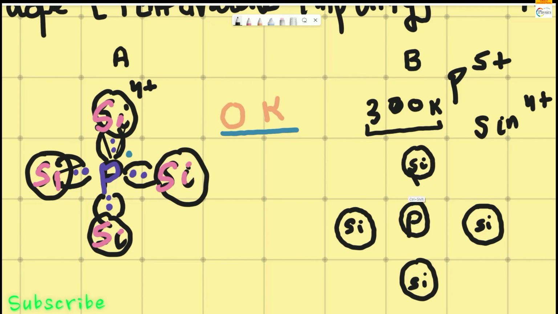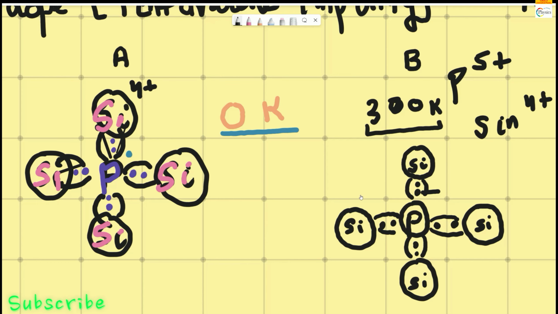There is an electron that comes from silicon, and this is from phosphorus. Silicon, phosphorus, phosphorus, silicon. These are the covalent bonds being created. The electrons are being shared, and overall 8 electrons are there.